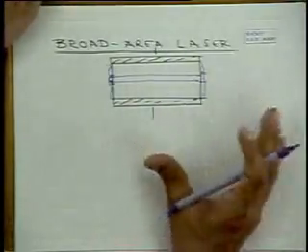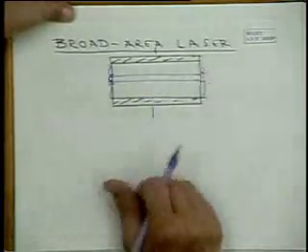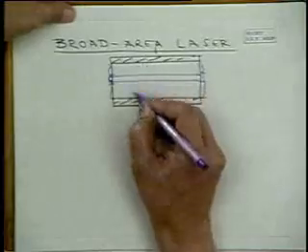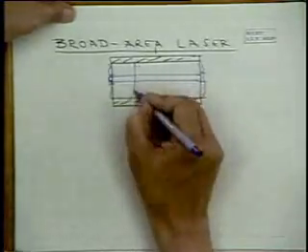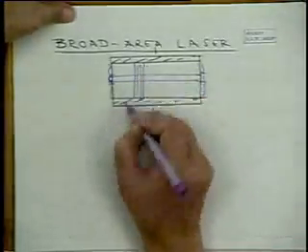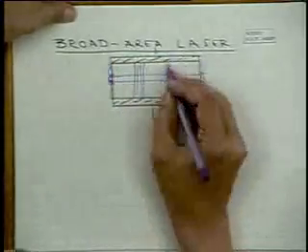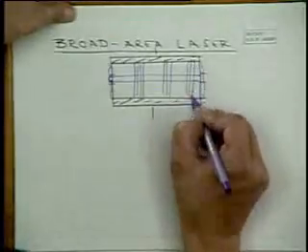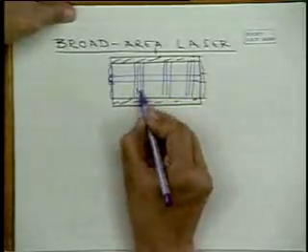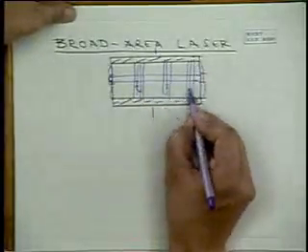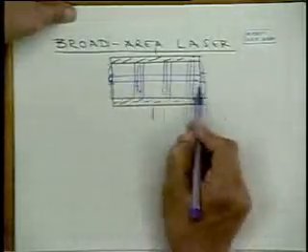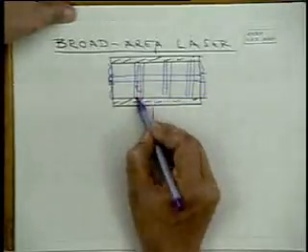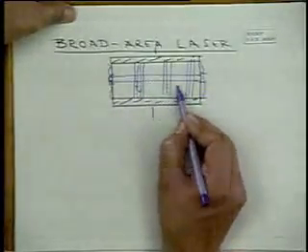Due to material defects or due to geometrical delineation, you may get filament formation, meaning that the whole current will not be uniformly distributed, but the current density here will be much higher than right through the sample. So this means that this region may lase much stronger than these regions.